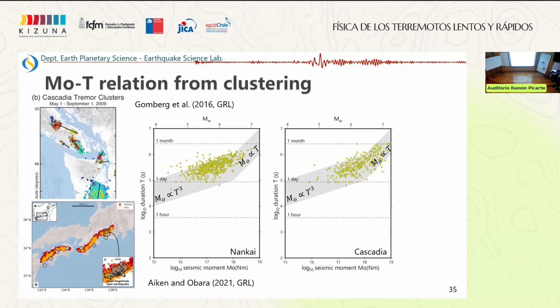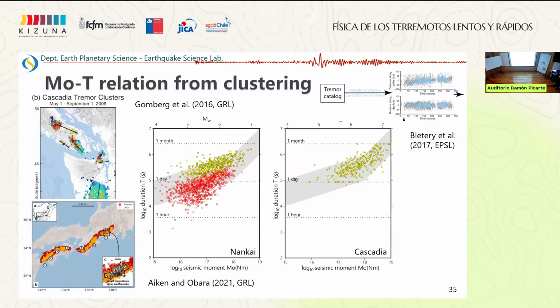Another group determined tremor clusters, but they are located around here, not on this line. This goes below this group. And another group determined tremor size and located it around here. So that kind of observation sometimes occurs. So it looks like this trend, but overall it goes to this line.